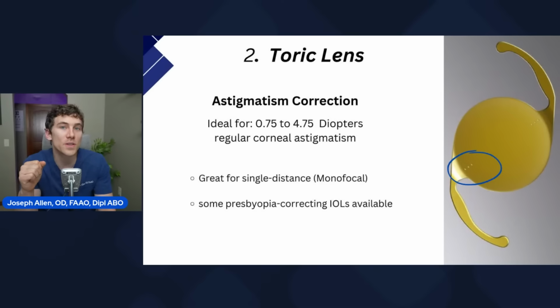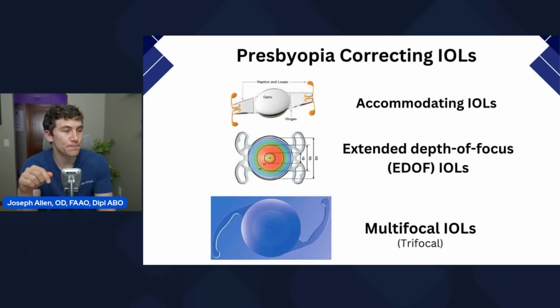That tells me where the astigmatism correction has been placed. This is, again, great for individuals who just want single vision in one plane, like they want to see distance really, really well. And there are some presbyopia correcting implants that come with astigmatism correction too. We'll go over that next.